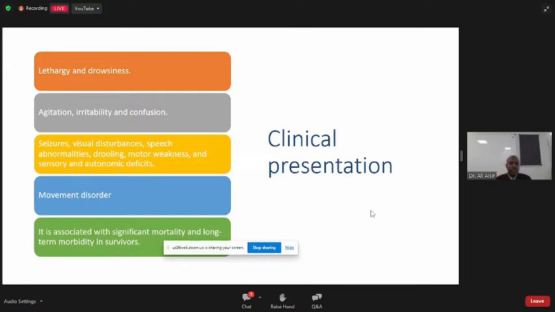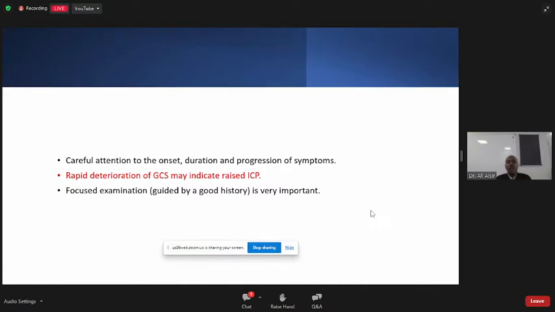In general, encephalopathy in pediatric patients is associated with significant mortality and long-term morbidities among survivors, especially if the treatment is not optimal and there is no immediate intervention. These three points are very important to be considered in our approach for any patient with encephalopathy.